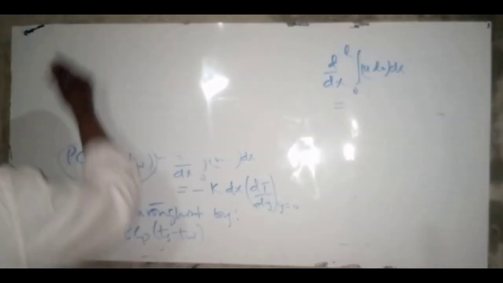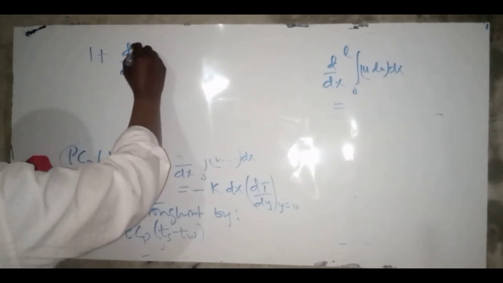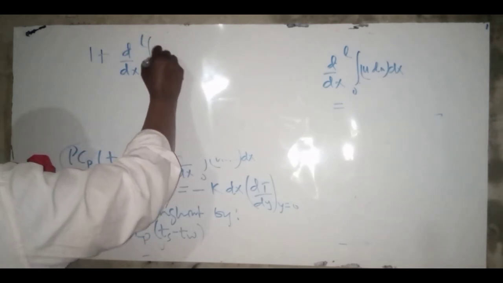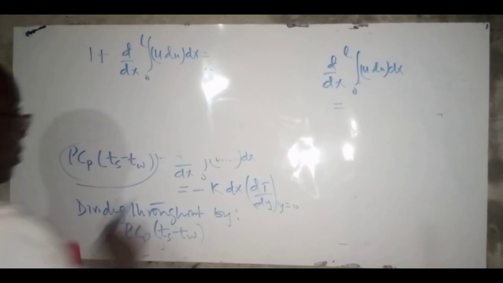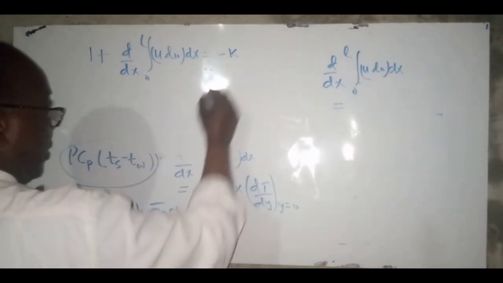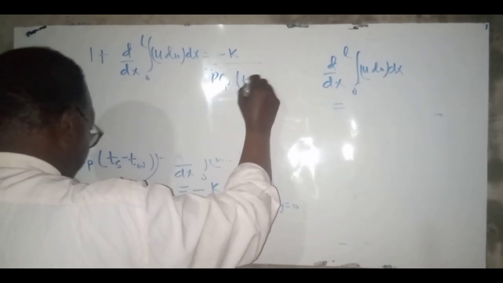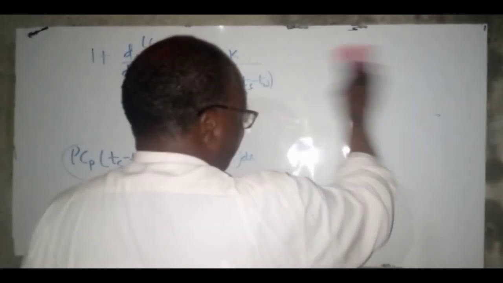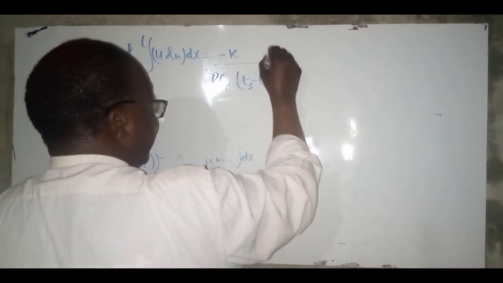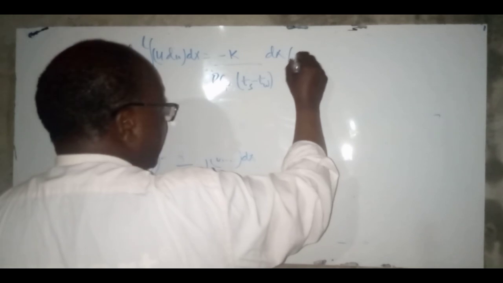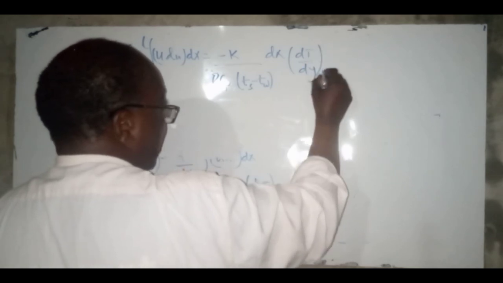We are saying we have 1 plus d/dx of the integral from 0 to L of u du dx is equal to, dividing this quantity both sides, minus K over rho Cp into Ts minus Tw, dx, dT/dy at y equal to 0.